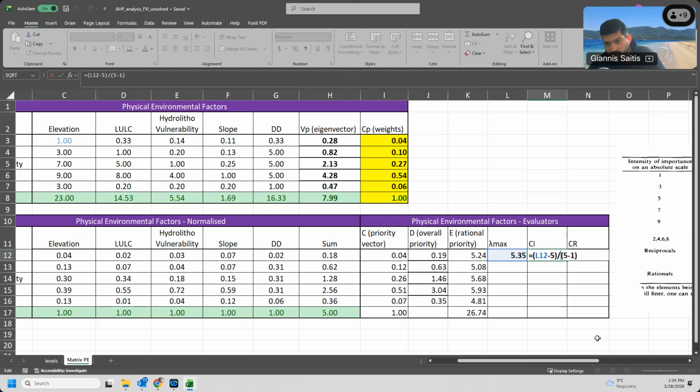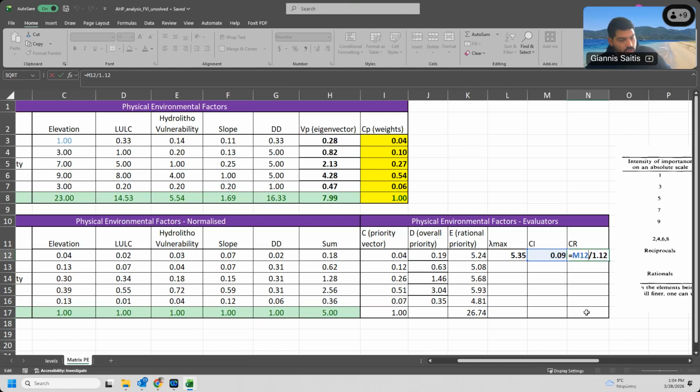This is the equation. And in order to finalize it and make our consistency ratio, which is the approval of our thought, it is the CI divided by the random index, the Saaty random index.